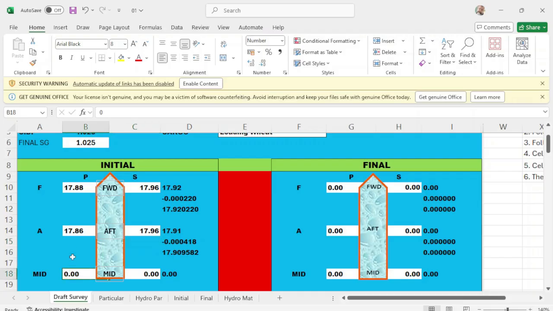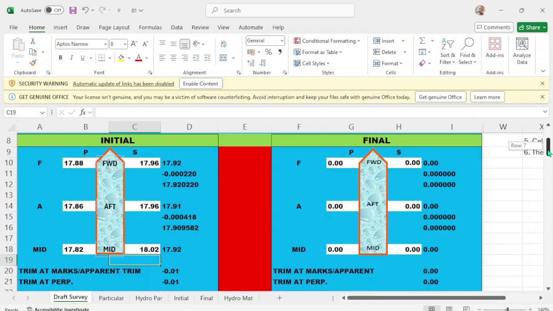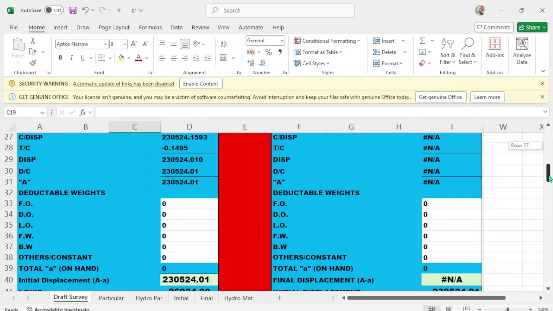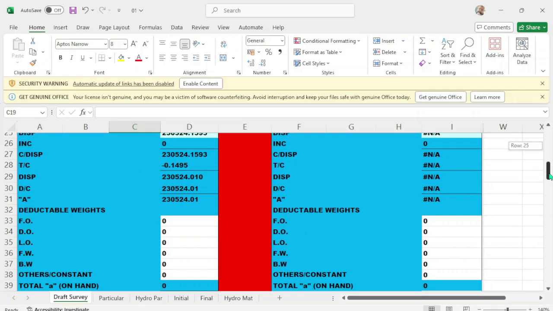Mid port is 1782, 17.82, and mid starboard is 18.02. Okay, once you fill in your draft forward and aft, then you go to your weights on hand or ROB.